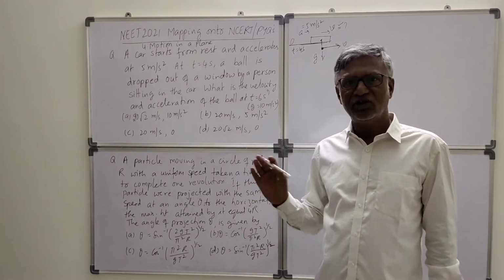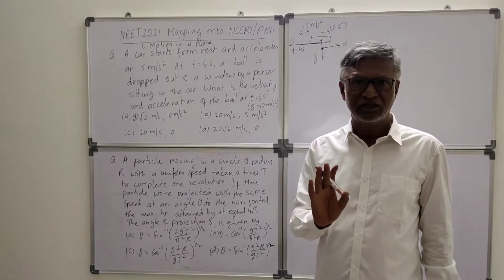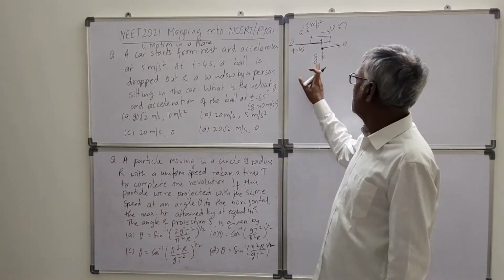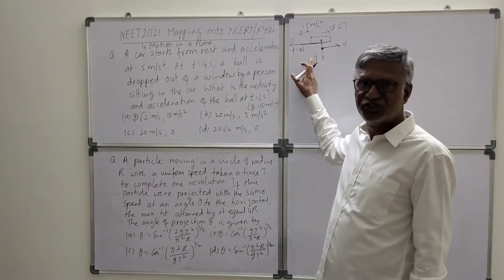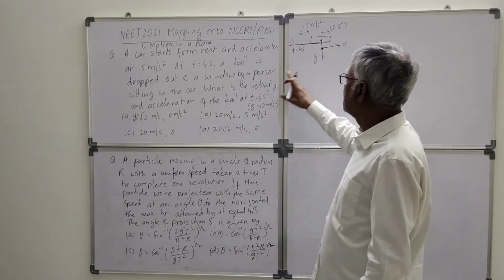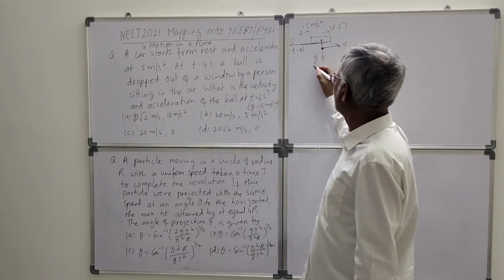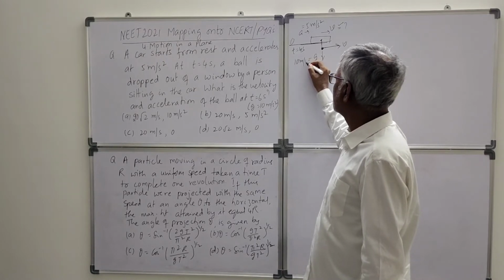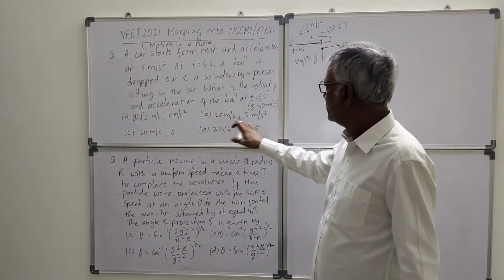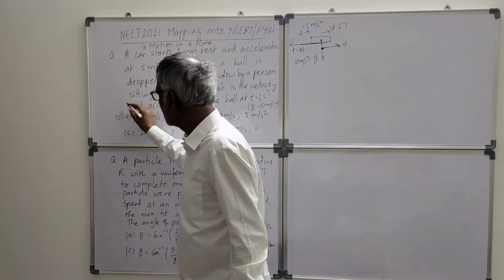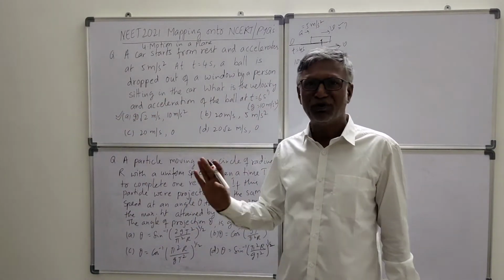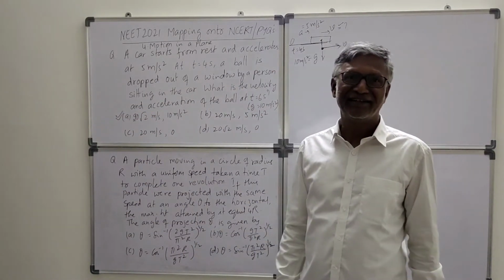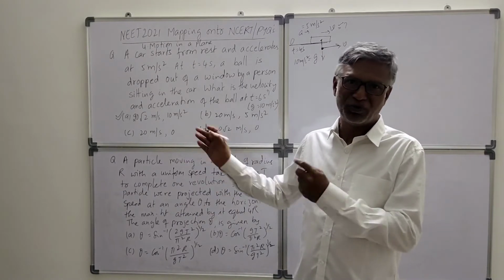See, by seeing the options, you can directly tick mark. How? The acceleration due to gravity is g, and g is given as 10 meters per second square. So among these options, this is the answer. Without solving this problem also, you can give the answer. There is no need to solve it.